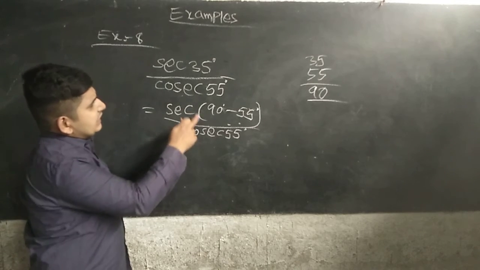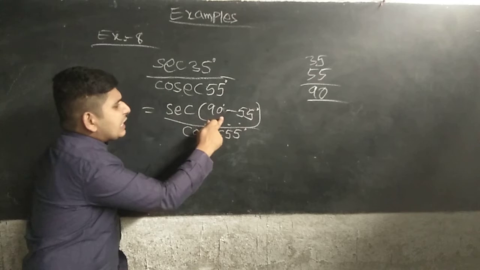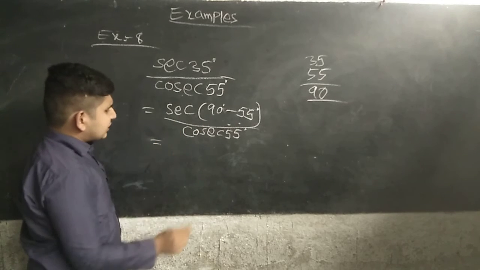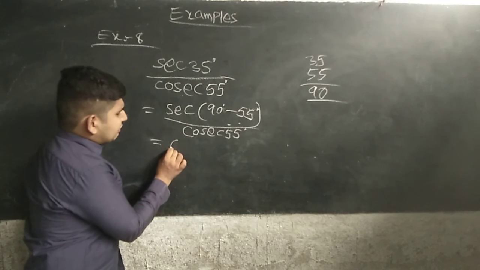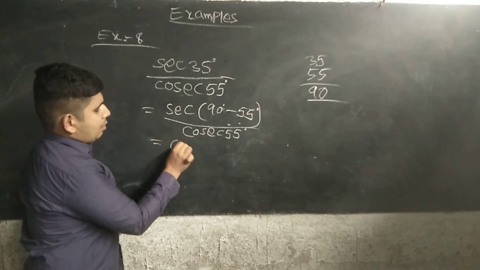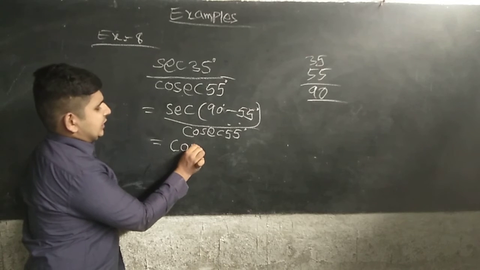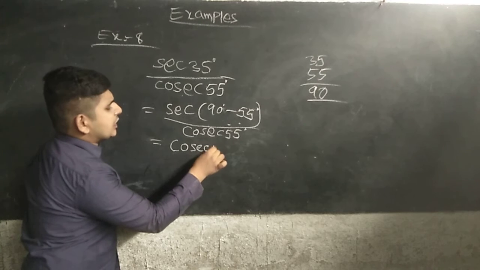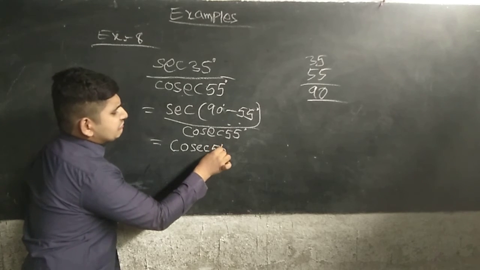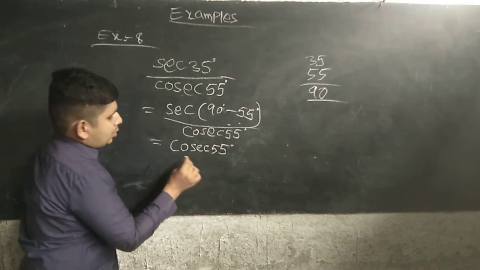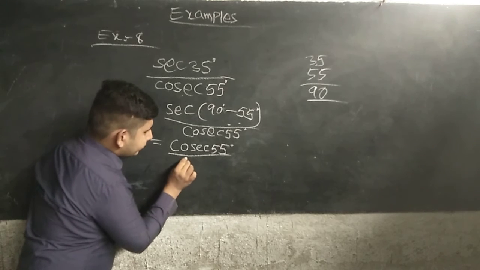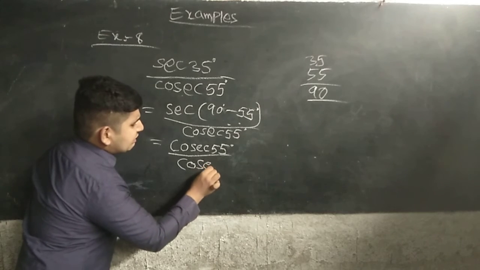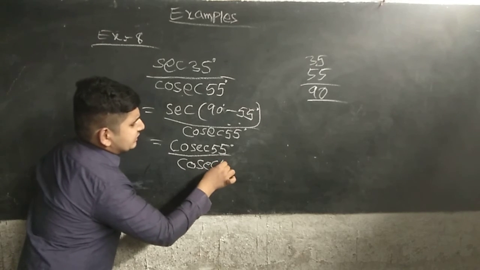So sec of 90 minus 55 equals cosec 55 degrees, so we get cosec 55 degrees by cosec 55 degrees.